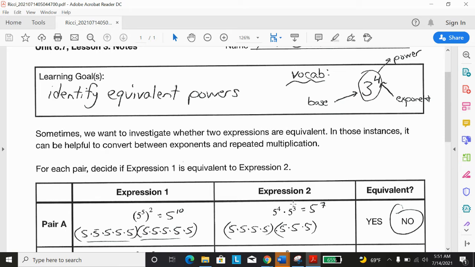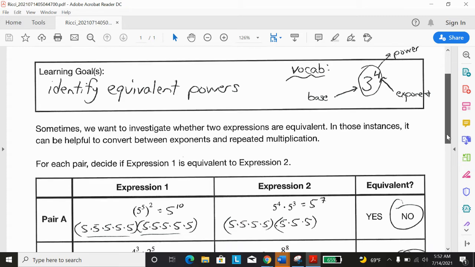Now over here, we want to figure out, is this the same thing as 5 to the 10th? Well, notice in this case, I'm multiplying powers. So if the bases are the same, the rule is I can add the exponents. So I get 5 to the 7th. The reason it's 5 to the 7th is because I have 5 multiplied 4 times, multiplied by another 3 factors of 5. Therefore, I have 7. So 5 to the 10th is not the same thing as 5 to the 7th. So the answer is no.